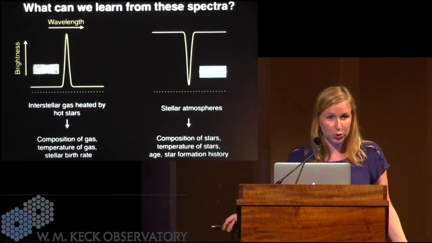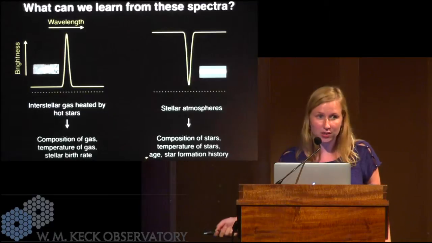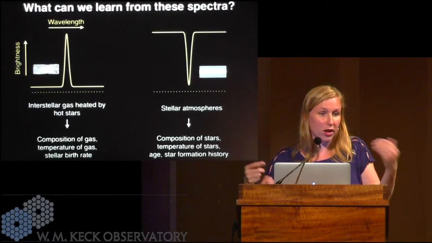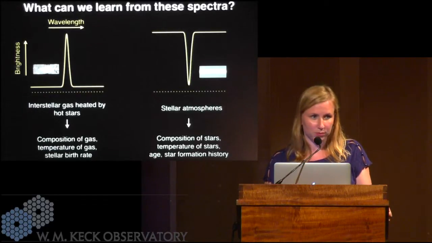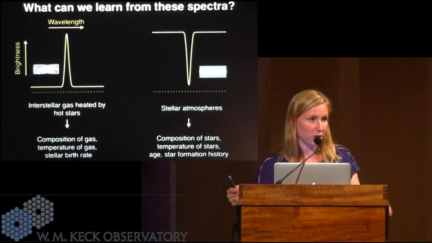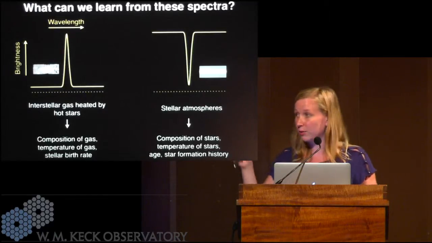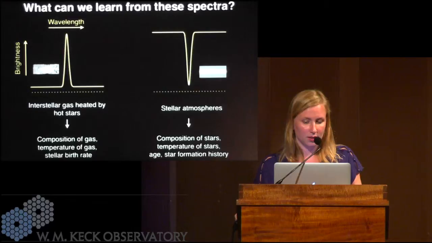We can learn about the temperature of the stars, and the temperature tells us again what the age of the stars is, and we can learn about when the stars were actually formed, so we can learn something about the star formation history. So you see, from these MOSFIRE spectra, we suddenly can learn so much more than just taking a very deep photo of the sky. We can really learn what's going on in these very, very distant galaxies.